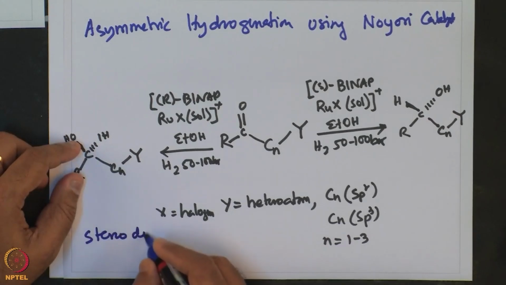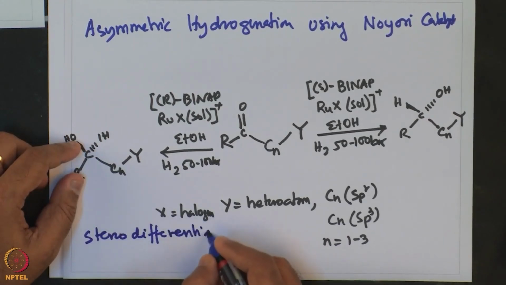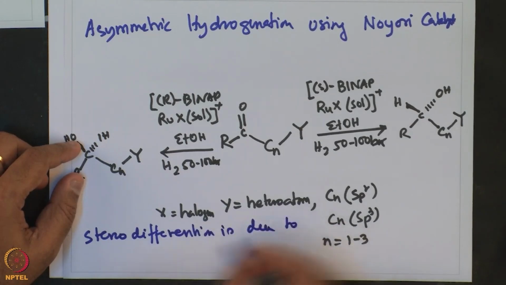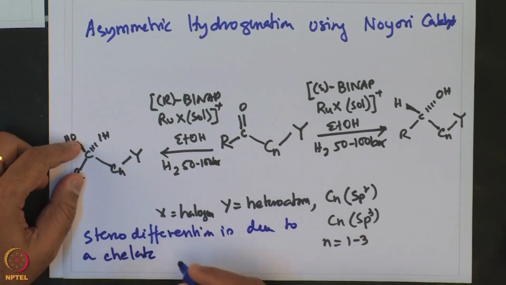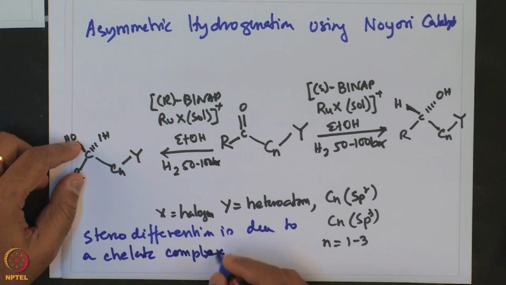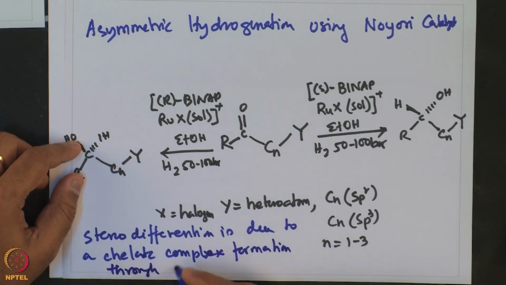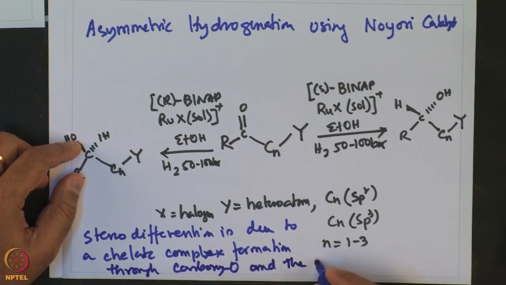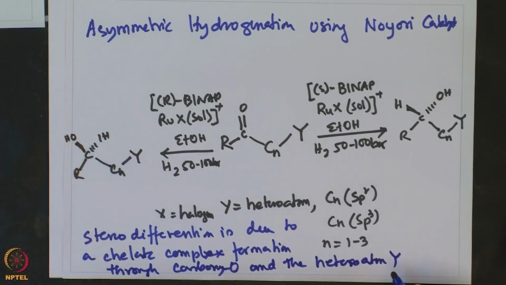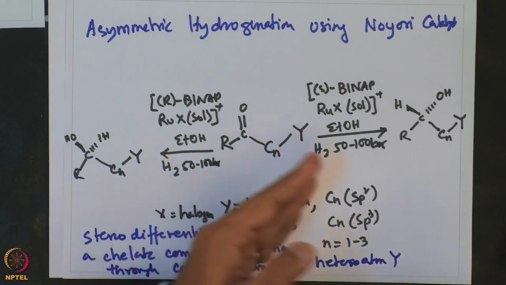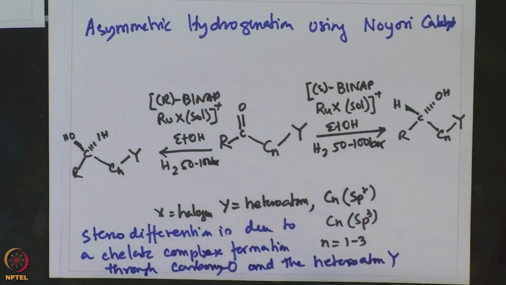Stereo differentiation of the substrate is due to chelate complex formation through the carbonyl oxygen and the heteroatom Y. So, this heteroatom Y is very much required for binding to the ruthenium; both Y and oxygen bind, and that helps in the chirality transfer.